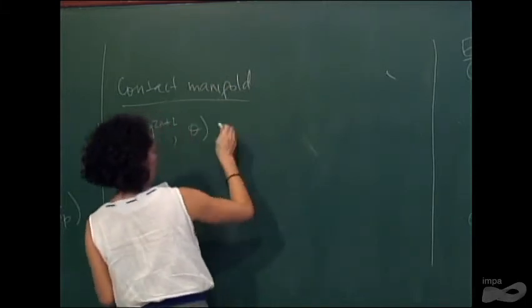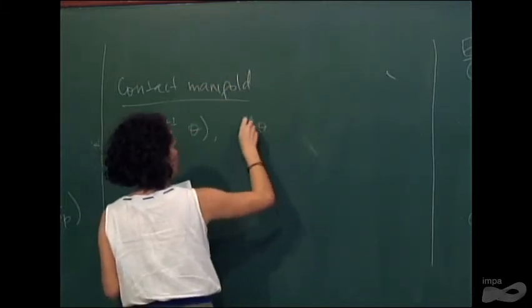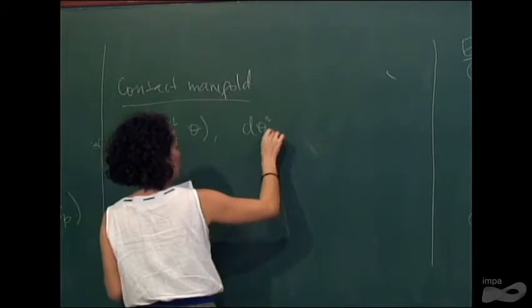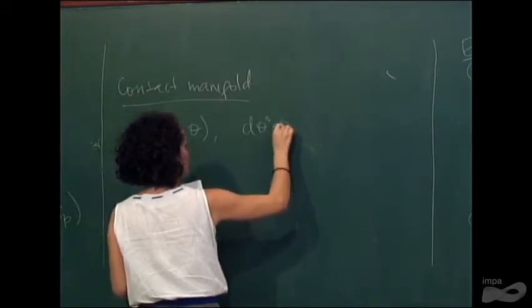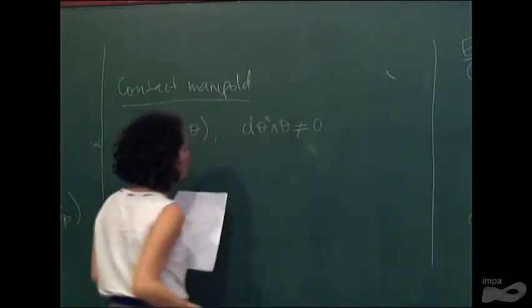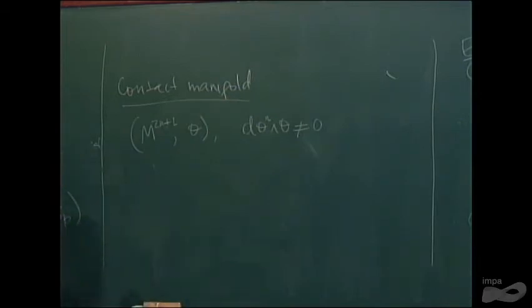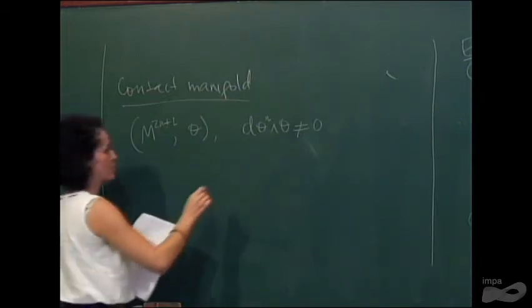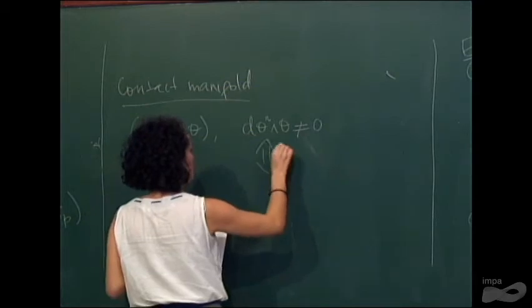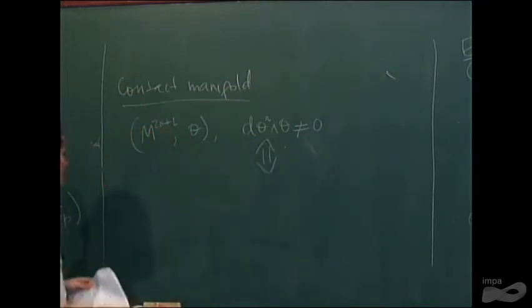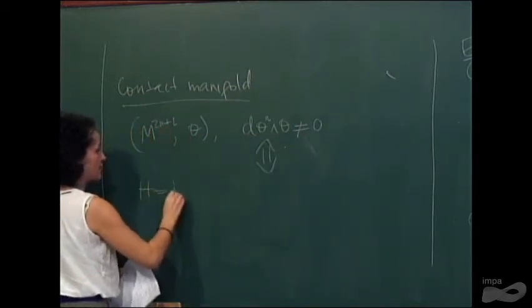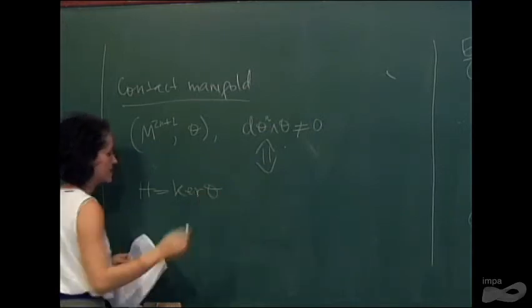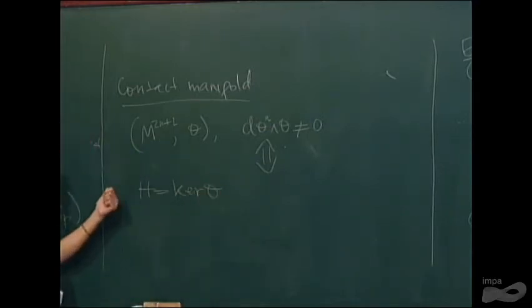So this means that the differential theta wedge, theta wedge d theta, it's never 0. And you can look at this condition, this is equivalent to say that if you look at the kernel of theta, this is a codimension 1 distribution, okay?